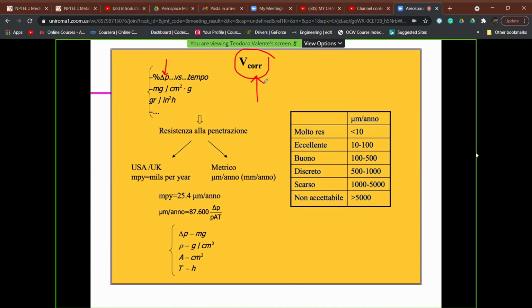This means that in this second case, we should say that the severity of the corrosion process, and thus the corrosion rate, is less than in the previous case.